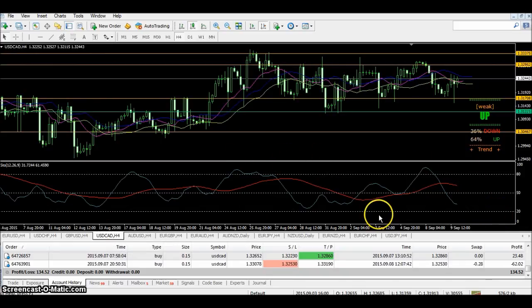I don't know where I was at when that happened, but I had a buy on it. It went down, hit my stop loss, and then went back up. So you can see how these things go up and down, up and down, up and down. And that's why I set my stop losses kind of high, because it'll go down and hit your stop loss and then go back up.